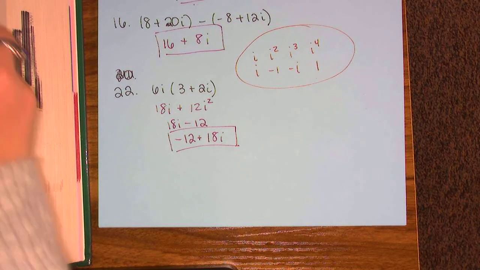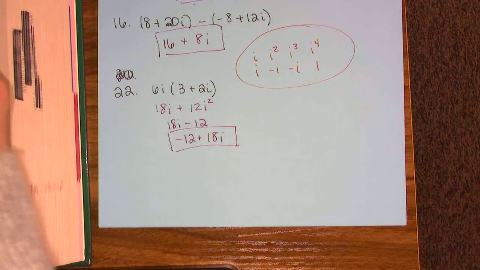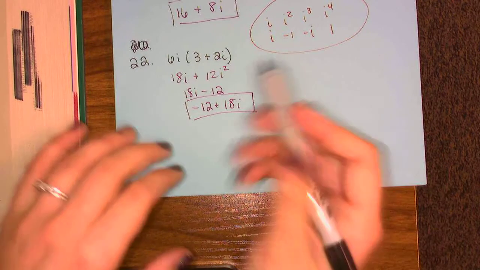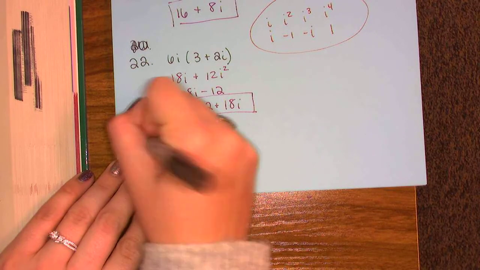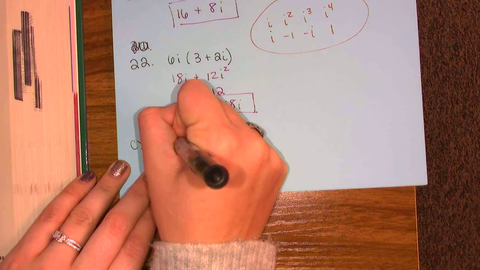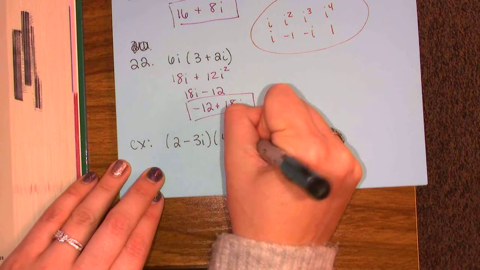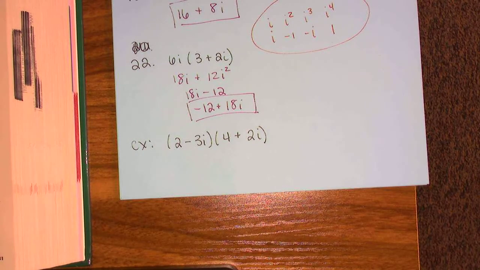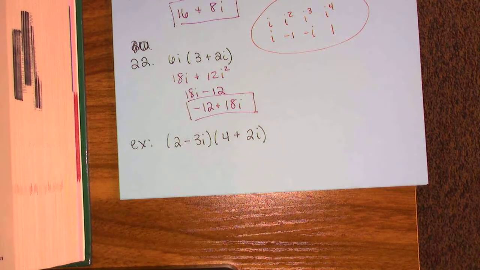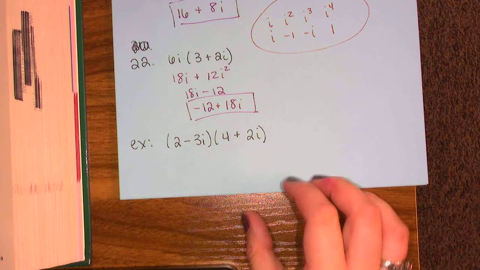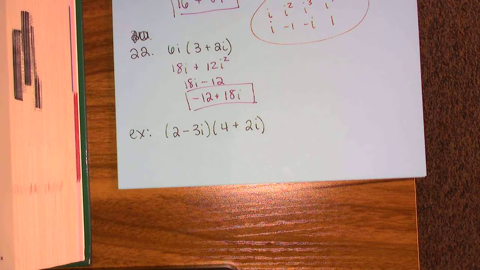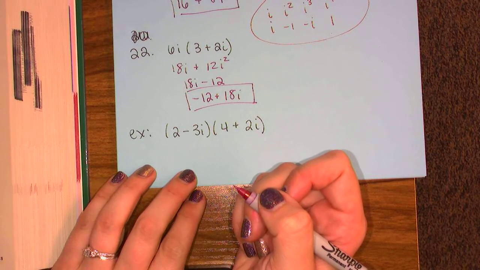We're going to do a couple of these. I'm going to make one up because I don't want to do another hard one before we do a simple foiling one. 2 minus 3i times 4 plus 2i. So somebody FOIL this for me.